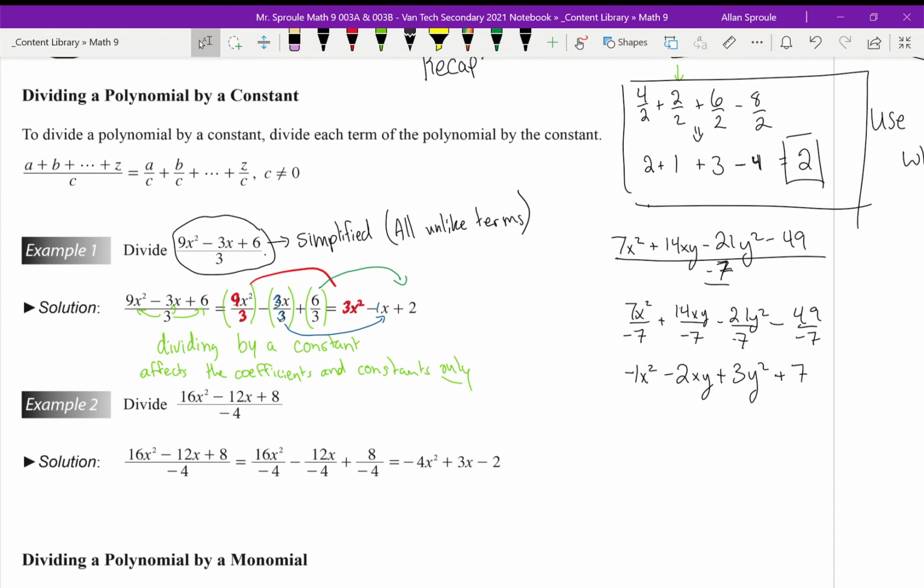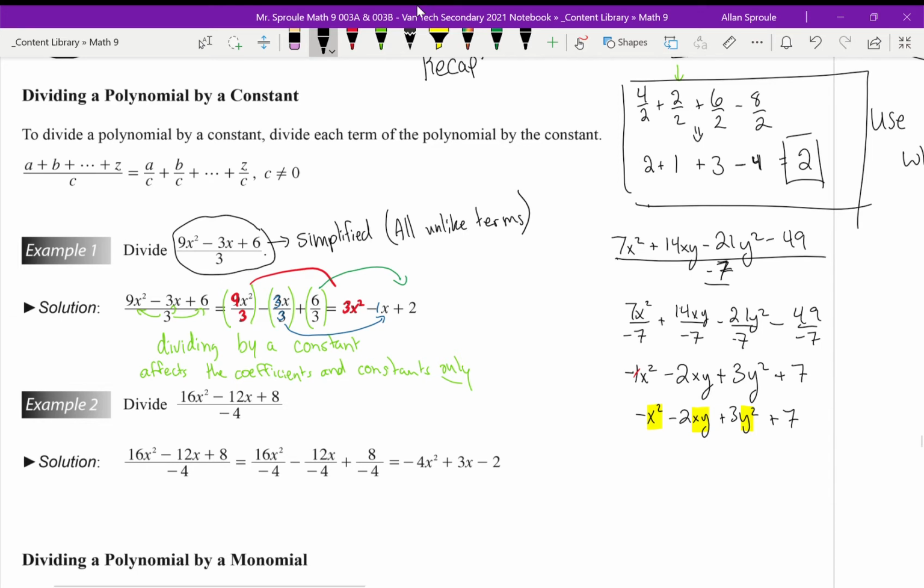And then lastly, if I need to, I can clean this up a little bit. The one thing that I see is I can get rid of this 1, so I can write it as negative x squared minus 2xy plus 3y squared plus 7. And as a reminder, all 3 of these have the same degree, so I'm working alphabetically.